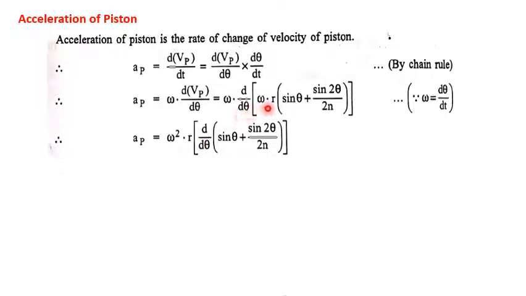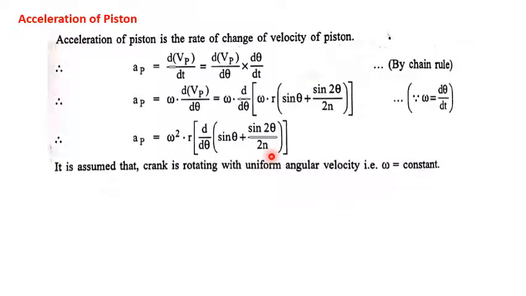Now I will take omega and r, both are constant, outside. Therefore it becomes omega square into r. Then differentiate the inside term, sine theta plus sine 2 theta by 2n. First we are going to assume that omega is constant, that is, the crank is rotating with uniform angular velocity.